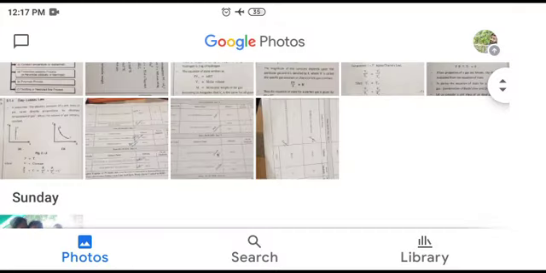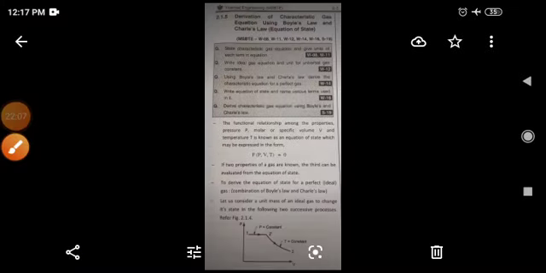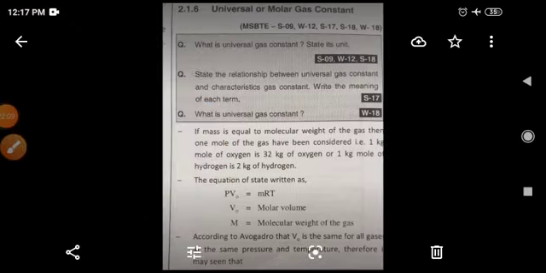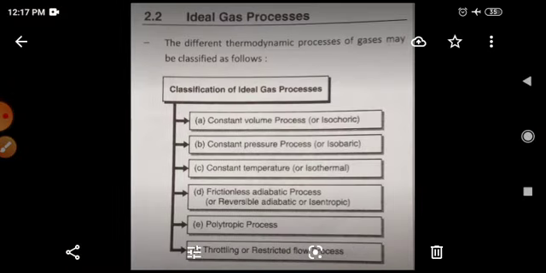Next one is ideal gas processes. Before that, you must know the previous three laws: Boyle's, Charles's and Gay-Lussac's. In Boyle's law, temperature was constant; in Charles's law, pressure was constant; in Gay-Lussac's law, volume was constant.